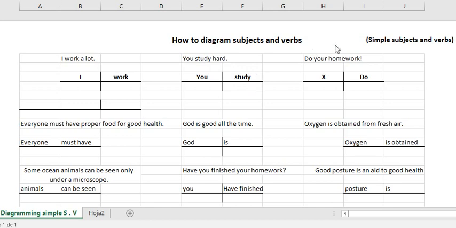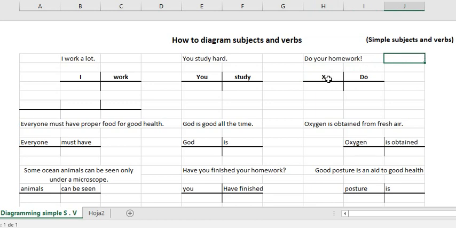But now, what is going to happen when we have an imperative sentence? This imperative sentence contains an understood subject, that is you. So you do your homework. Whenever we have a word that is understood, we're going to write down an X in the place of that understood word.